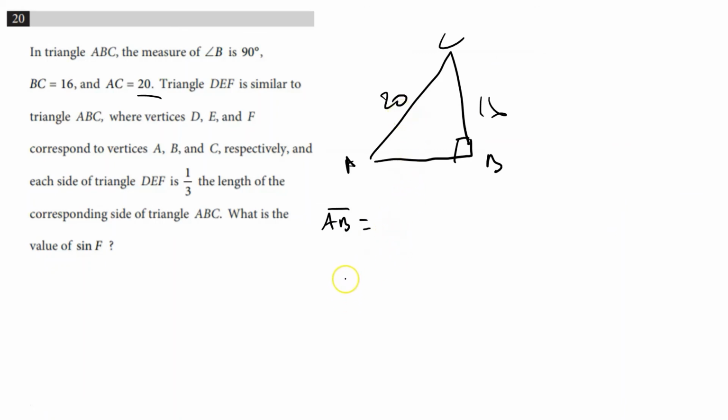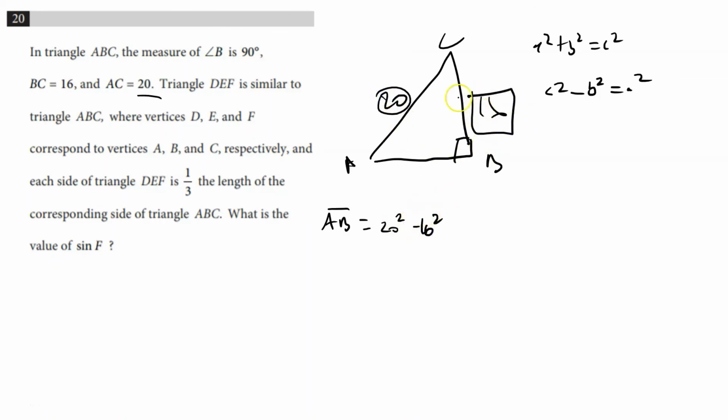In this case, we're actually solving for one of the leg lengths, not the hypotenuse, so we can rewrite a squared plus b squared equals c squared to c squared minus b squared equals a squared. So 20 squared, which is our hypotenuse, minus 16 squared, which is one of our leg lengths, equals a squared.